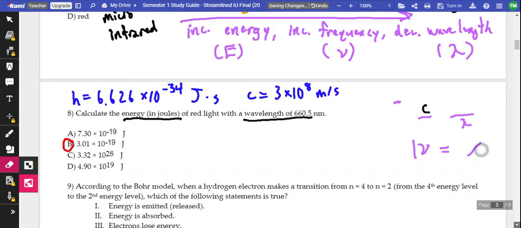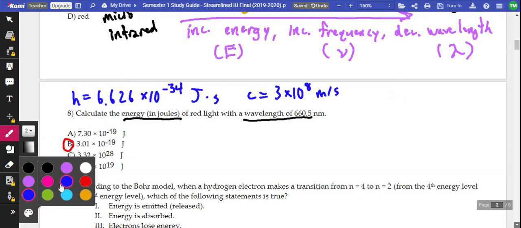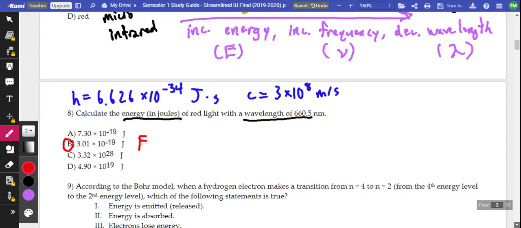We'll plug in what we know. Okay, so E equals h, which is 6.626 times 10 to the negative 34 joule seconds, times my speed of light divided by the wavelength.